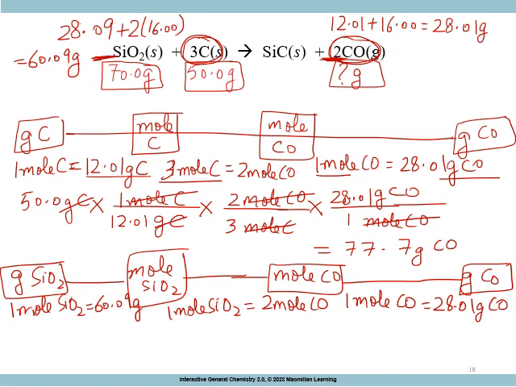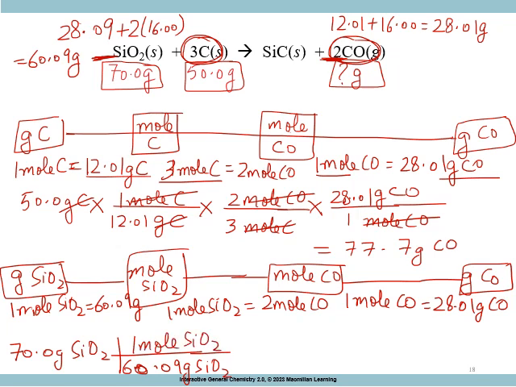Now you can start with what's given. 70.0 grams SiO2, multiply by 1 mole SiO2 over 60.09 grams SiO2, grams gone.